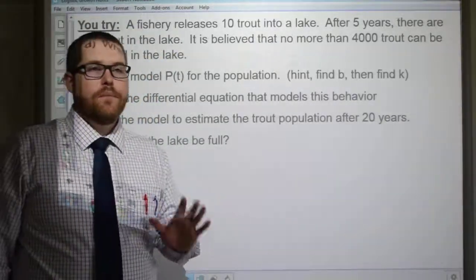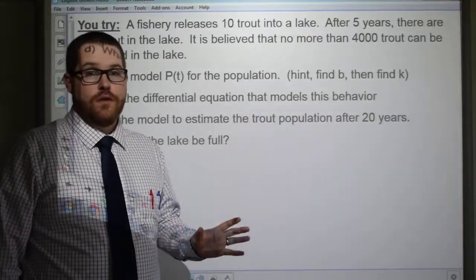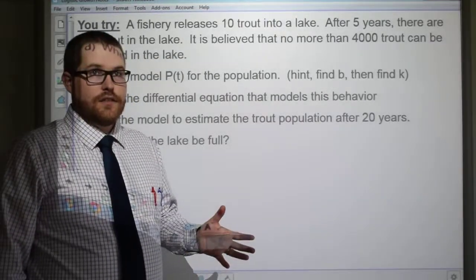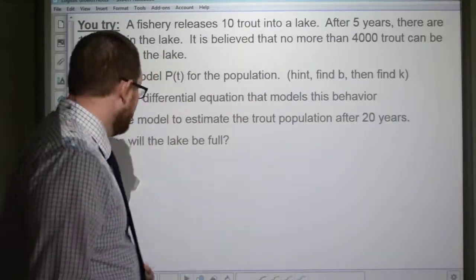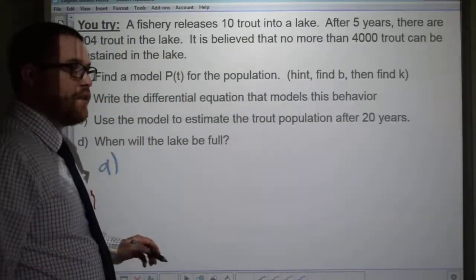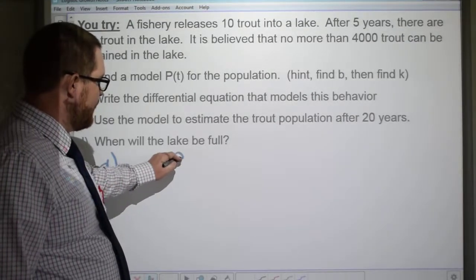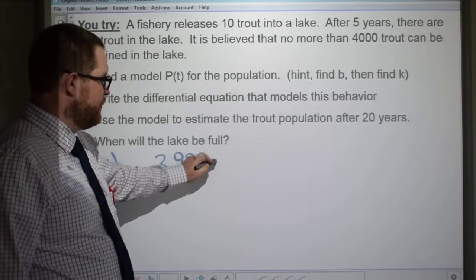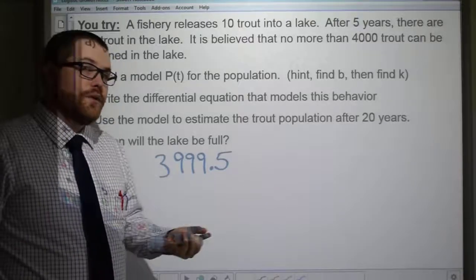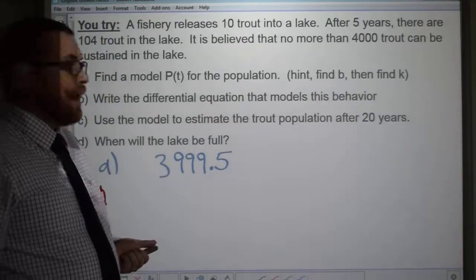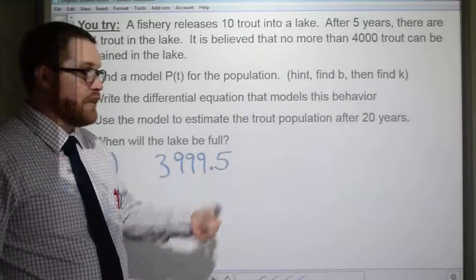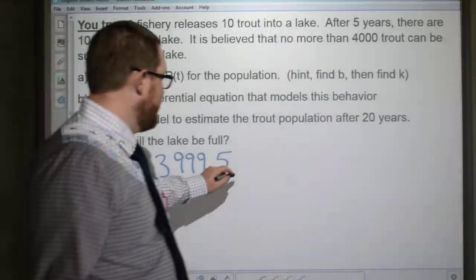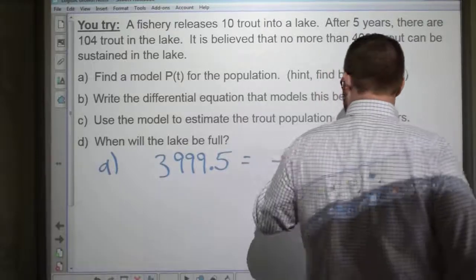What population, when you round it, will round to 4,000? The first number that you can get that will round to 4,000 is 3,999.5. Yes, I know you can't have 0.5 trout. What I mean is, once you get past 3,999, eventually you're going to get to 4,000.